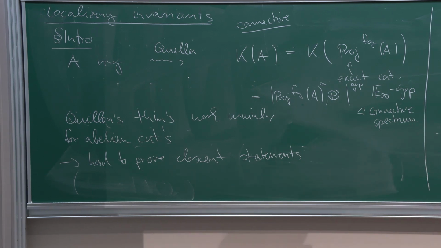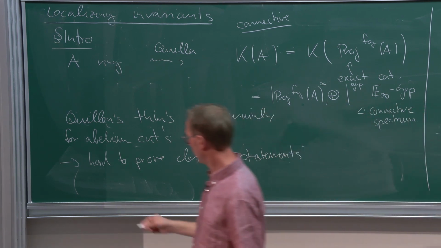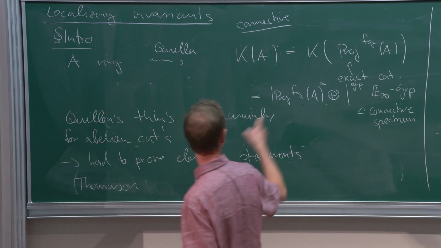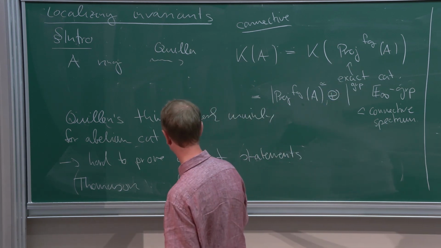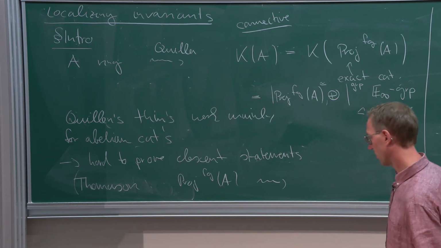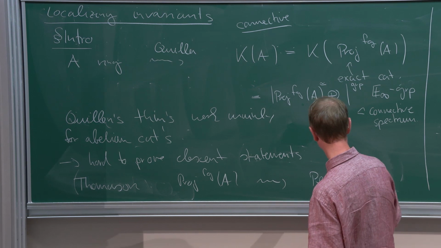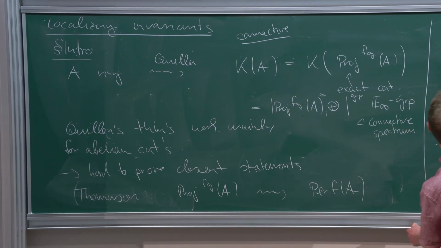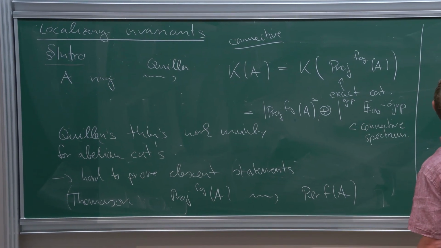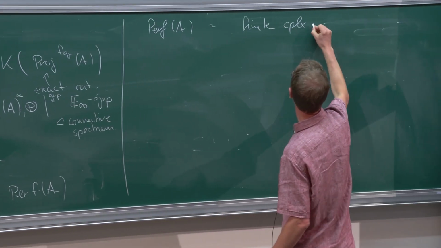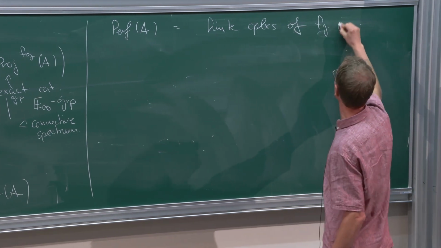I think it goes mainly back to Thomason, but maybe influenced also by Grothendieck, that you should replace this category of finitely generated projective modules by the category of perfect complexes, Perf of A. These are just finite complexes of finitely generated projectives.